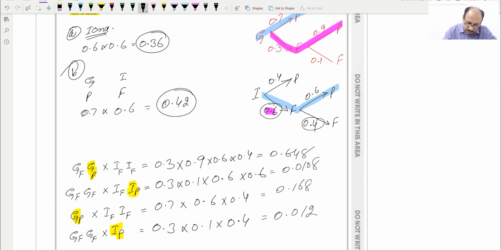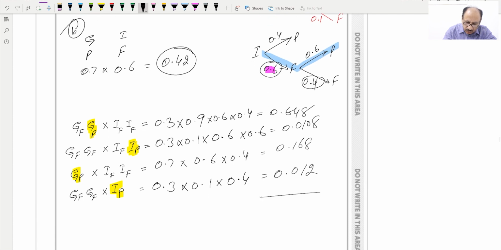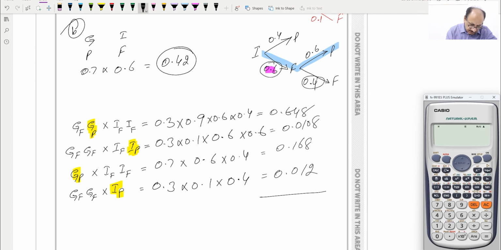Now we can add all these probabilities, and we will write 0.648 plus 0.0108 plus 0.168 plus 0.012, and this is resulting to, we have done some mistake, I think, so I will double check.